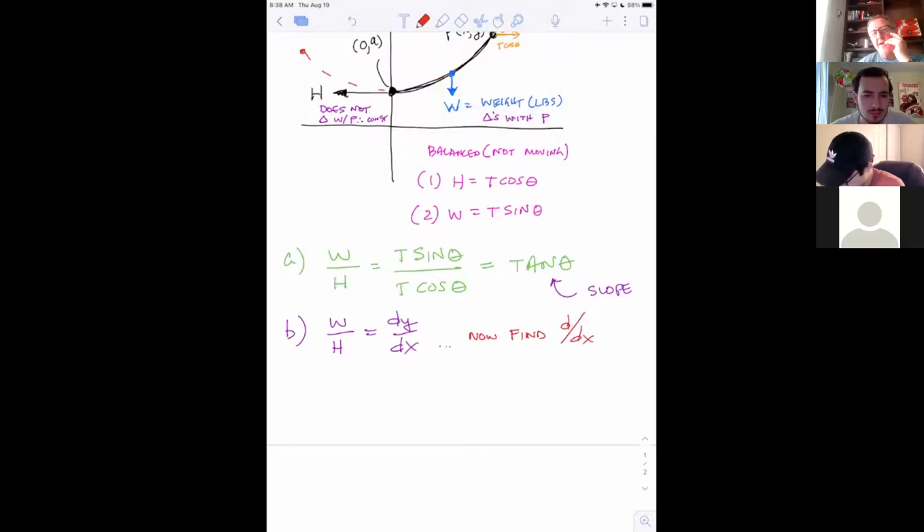So in my notes, I said, now find d dx. I mean, that's the way a mathematician would say that. I could have said just now take the derivative, but if you don't know what letter you're taking the derivative with respect to, that's not as much information. But if I said, let's find d dx, then it's find the derivative of this with respect to x. And so what would that become? Well, what's the derivative of w with respect to x? It is the derivative of w with respect to x. Like I can't take it.